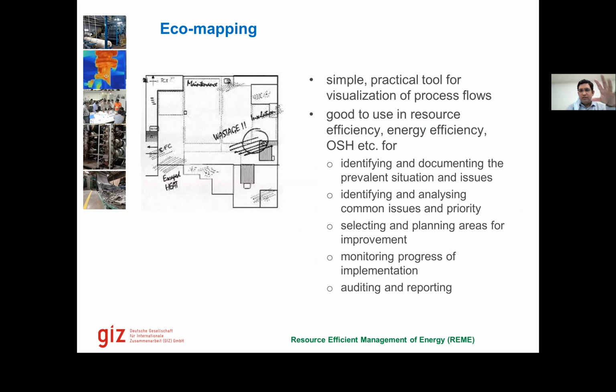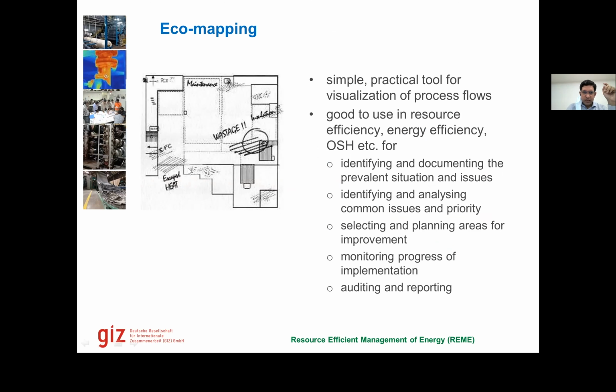So eco mapping is a very simple and practical tool to visualize the process flows. For this, we need a layout of the company, and using this layout, we can start identifying on the layout where we saw the wastages. So in this example that I've shown, there is a map of the company, and there is written excess heat, it says wastage.